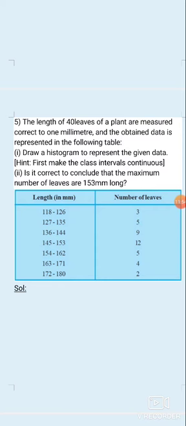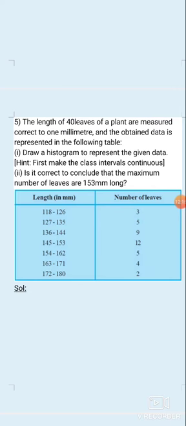Now listen carefully, this given question does not have continuous class intervals. So we need to change that into continuous class intervals. Last class we studied how to change that into continuous classes. That is, subtract 0.5 from the lower limit, add 0.5 to the upper limit.